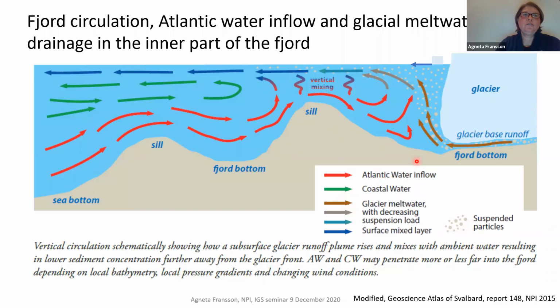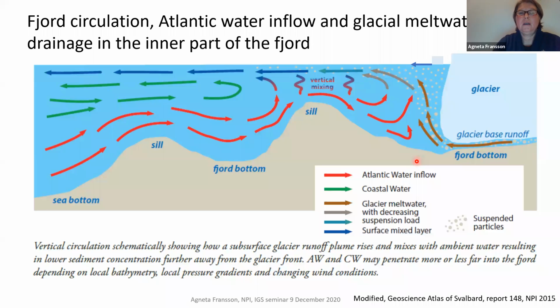So we continue to look at the fjord circulation and what's happening in the fjord with the water masses. You usually have three layers in these fjords: a surface layer, an intermediate, and a bottom layer. The red arrow at the bottom is Atlantic water inflow.